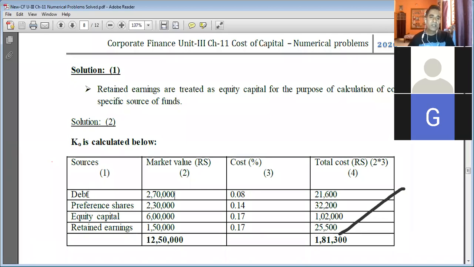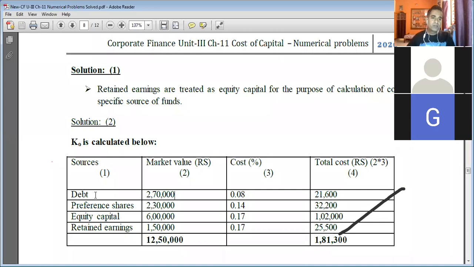Say if the market price of each debenture is 120 rupees, a hypothetical example, and let us say for ease of calculation there are 100 debentures of a company.